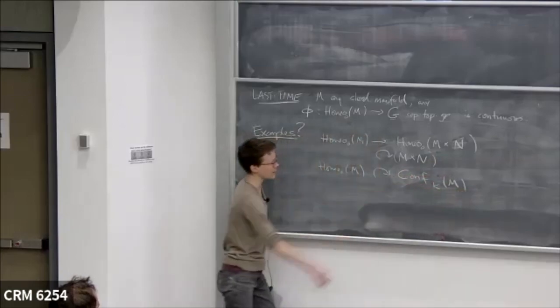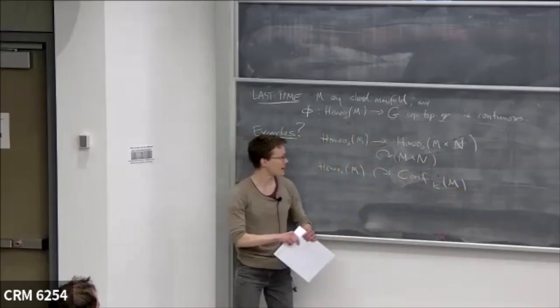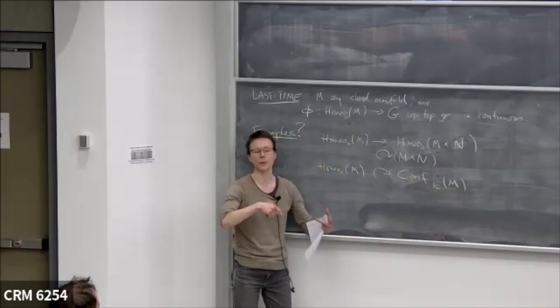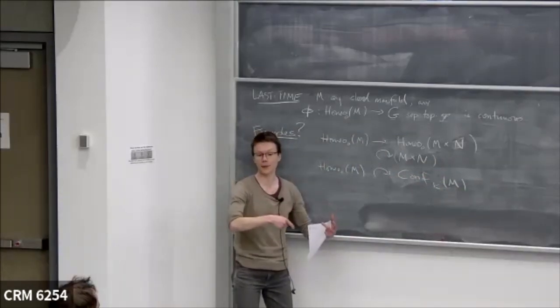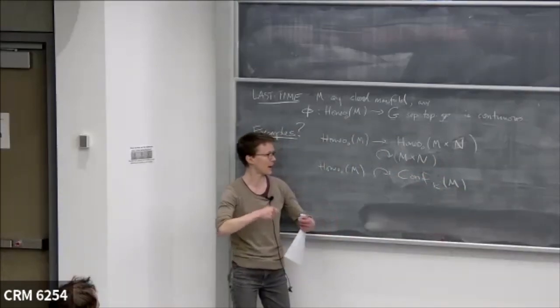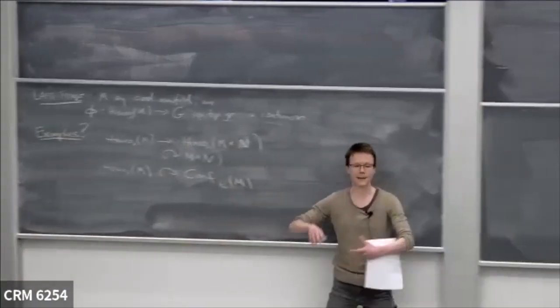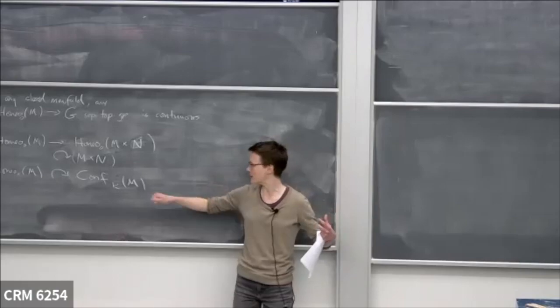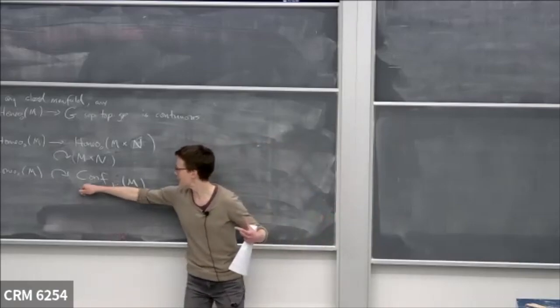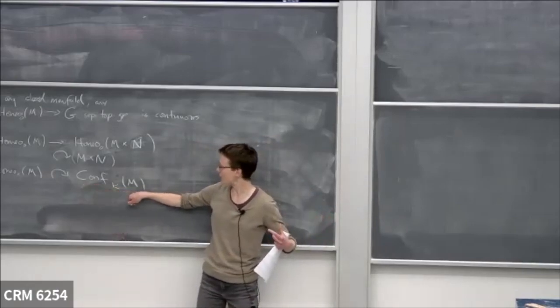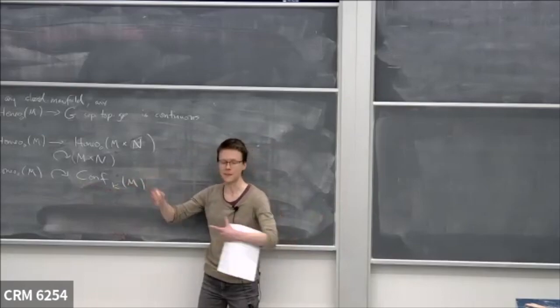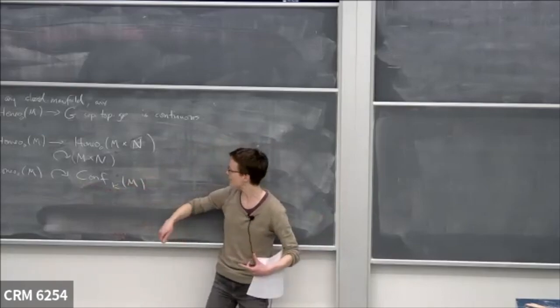So this denotes the configuration space of K unlabeled points. But you could also label your points, and that's just a product of copies of M minus, say, a fat diagonal if you wanted these to be K distinct points. And this one is the quotient of that space by the symmetric group, forgetting the labels.